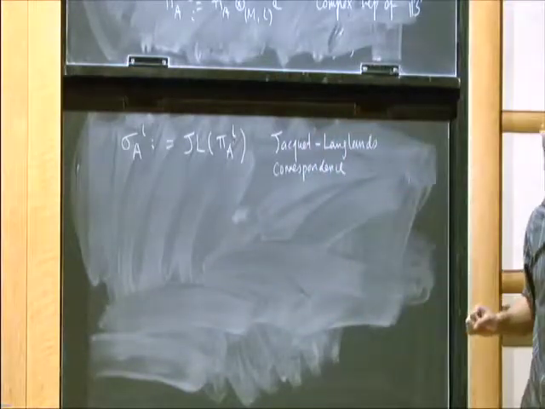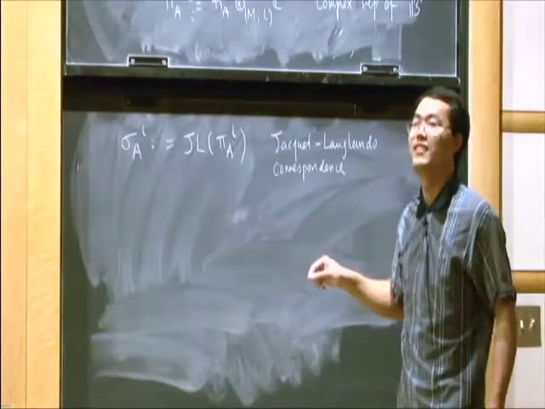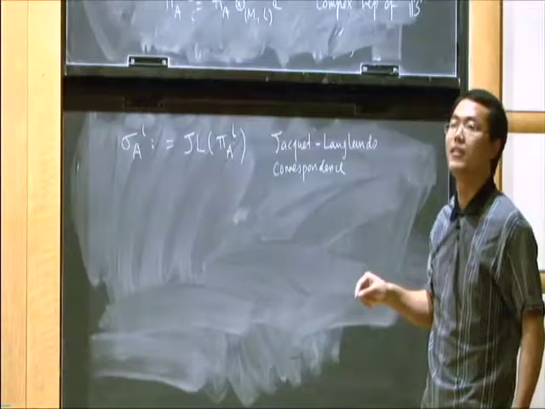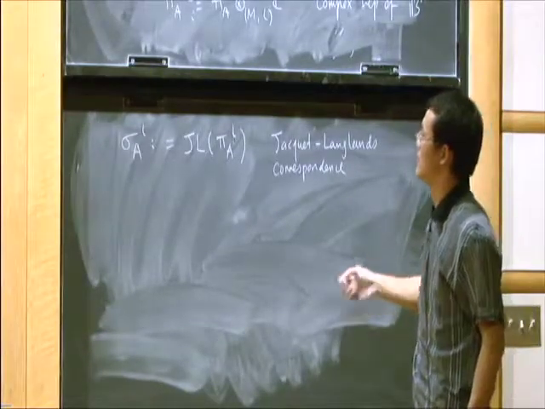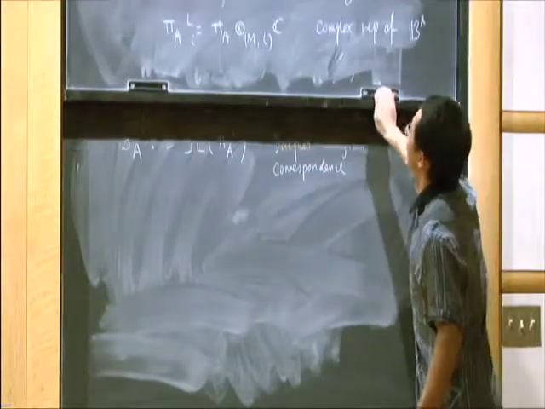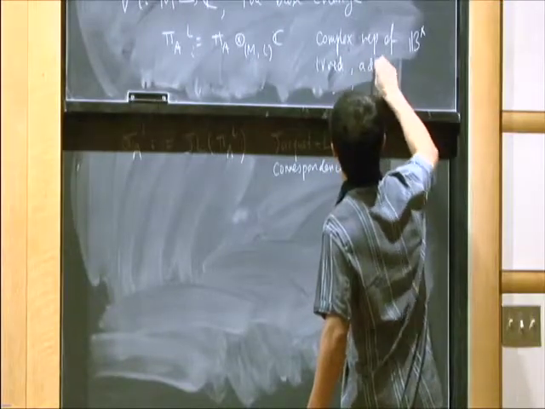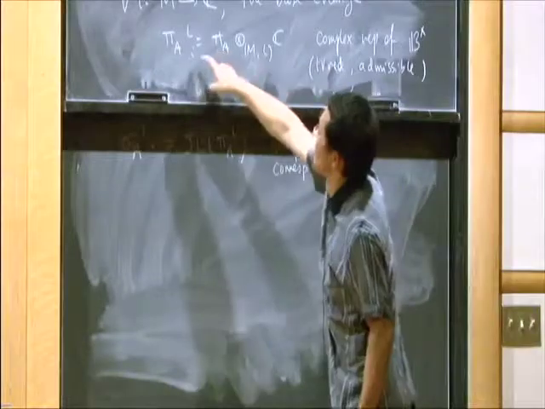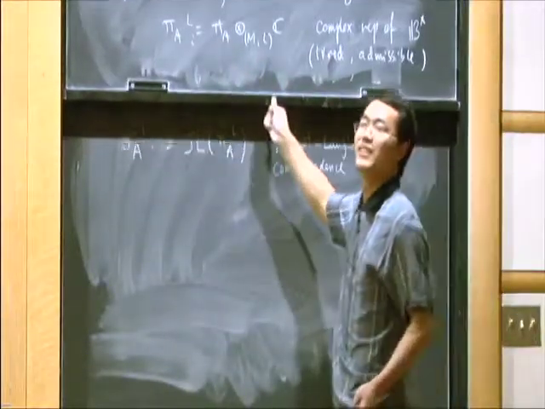Now this one is automorphic. So you're just pointing out that the Jacquet-Langlands correspondence can be defined locally. Yes. So this pi A is irreducible admissible. And then it is a local product, and locally we define it, and then we get a tensor product.